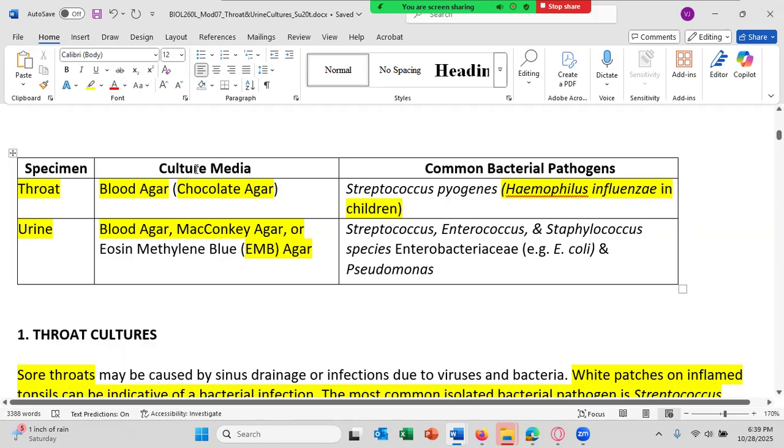It's just that you add the red blood cells when the agar is immediately taken out of the autoclave, meaning it's very, very hot, and that causes the blood cells to lyse, releasing the additives in the blood that Haemophilus influenzae require to grow. And it also gives the chocolate agar its brown color, which is why it's called chocolate agar.